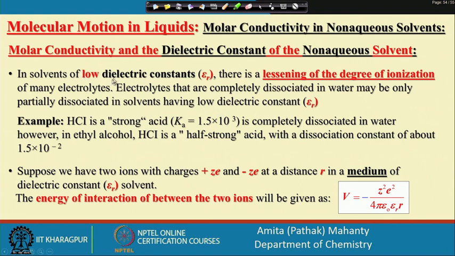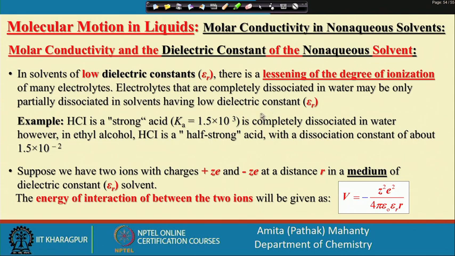Suppose we have a solvent of low dielectric constant and compare it with water. Water has a very high dielectric constant. So, in solvents which have low dielectric constant, the degree of ionization, that means the formation of ions in the solution, gets hampered.